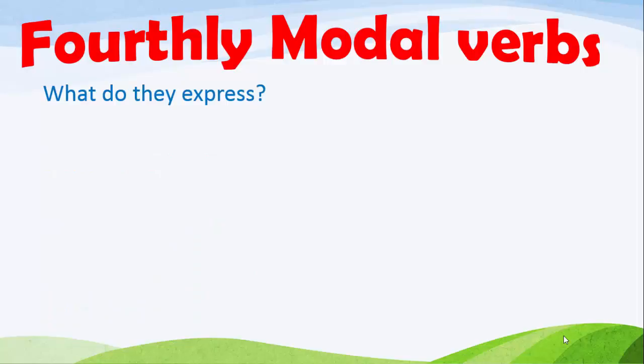Now, let's understand the very important part in the modal verbs. What do they express? Do we have a difference in meaning when I use can, or should, or must, or ought to? Do we have any difference in the sentence when I have these modal verbs?